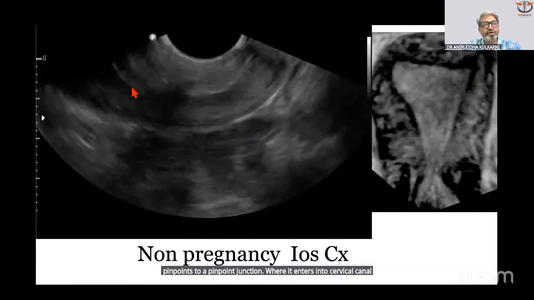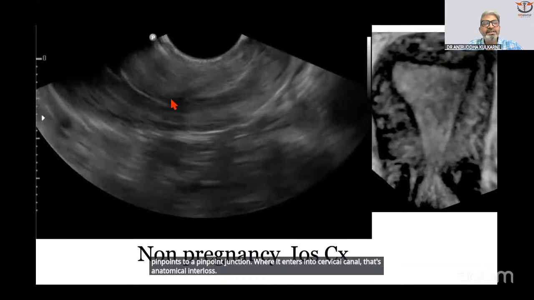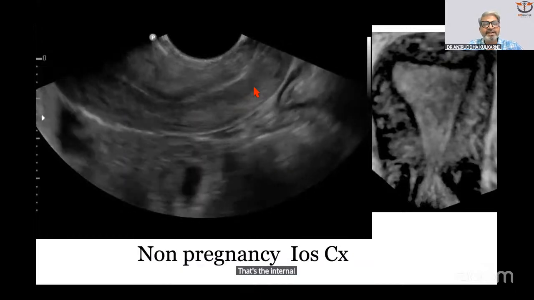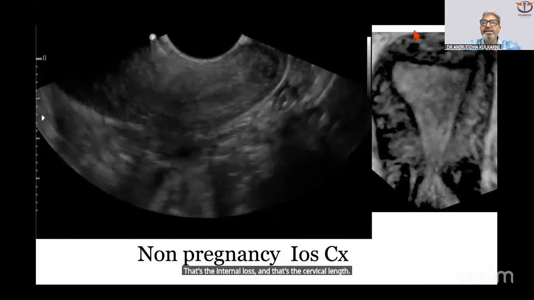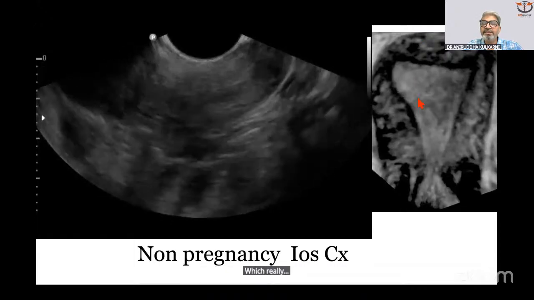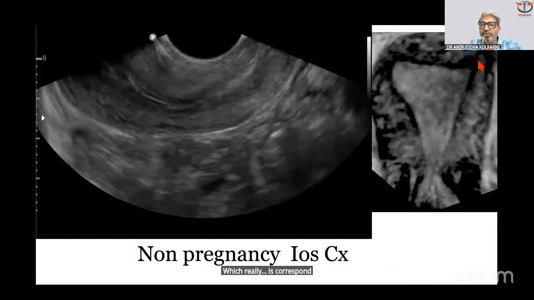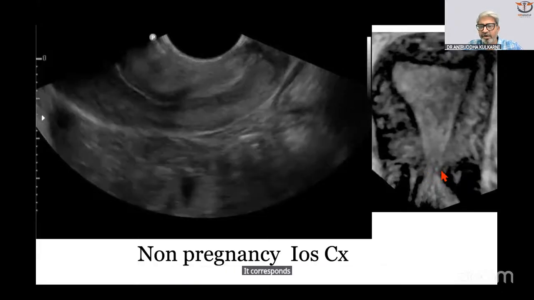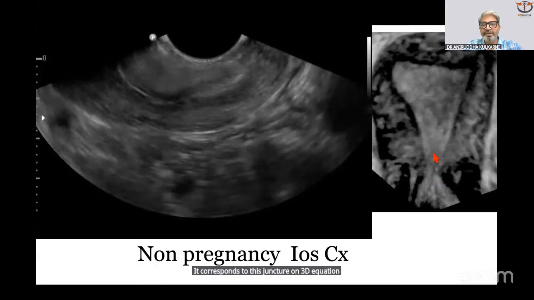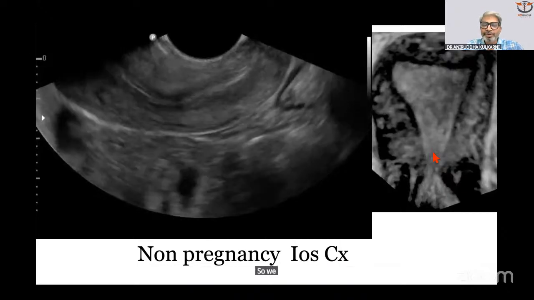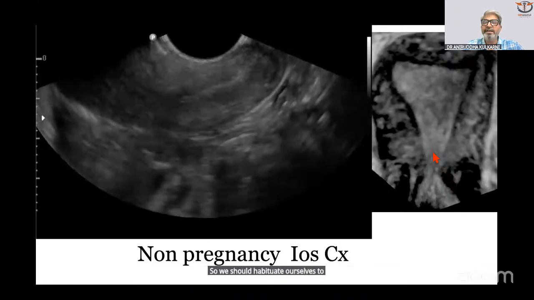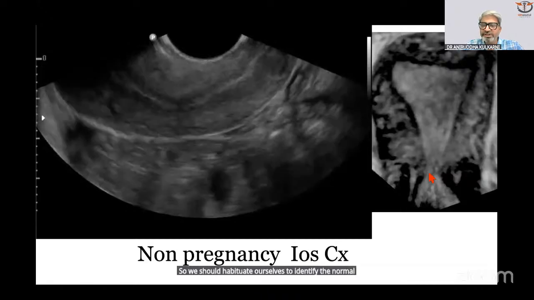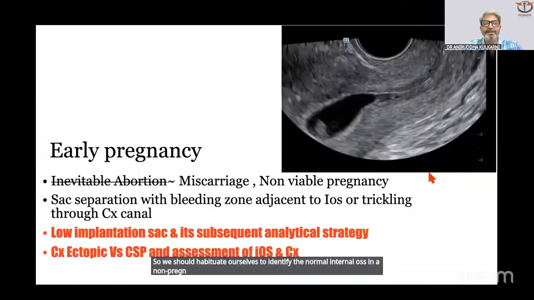That's the anatomical internal os, and that's the cervical length, which corresponds to this uterine cavity. It corresponds to this juncture on 3D acquisition of the data. So we should habituate ourselves to identify the normal internal os in a non-pregnant state as well.